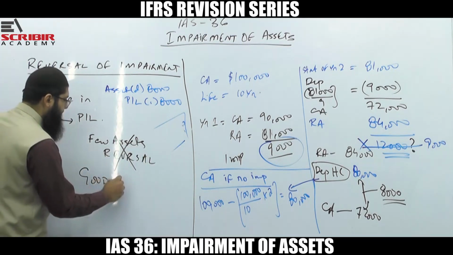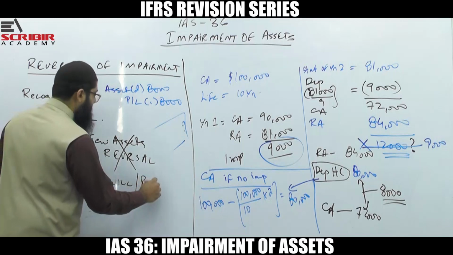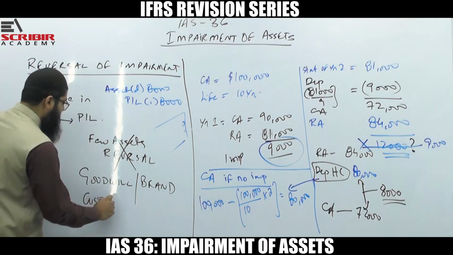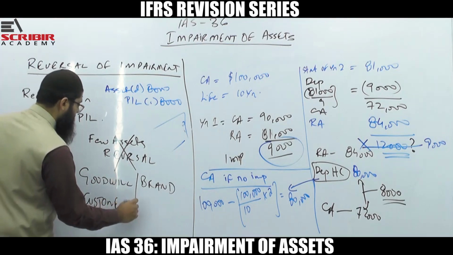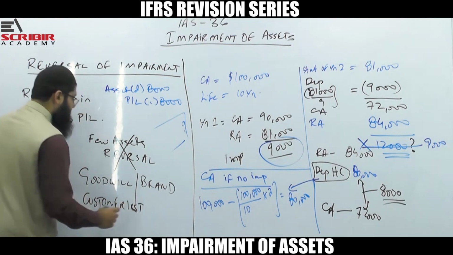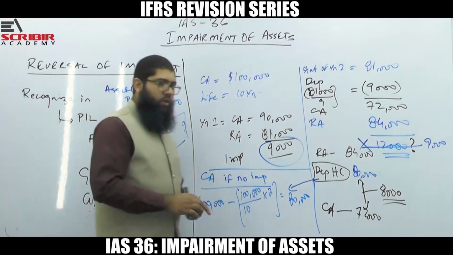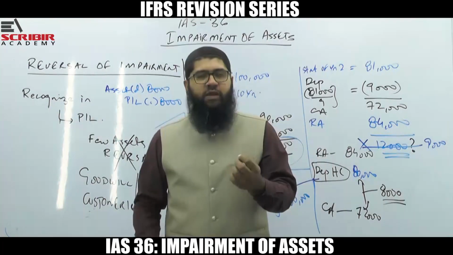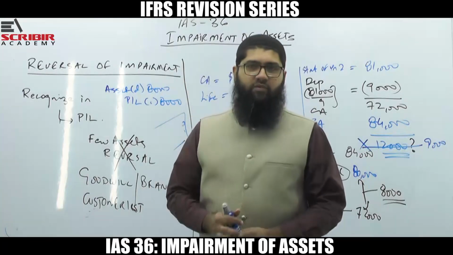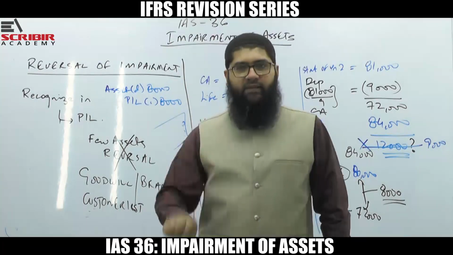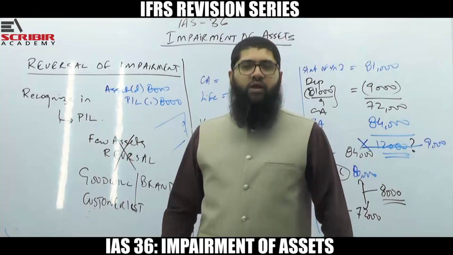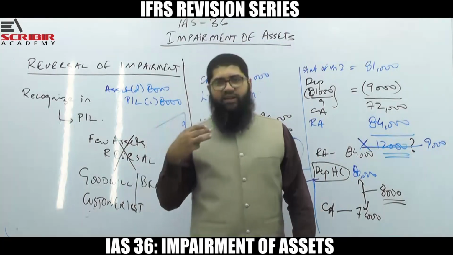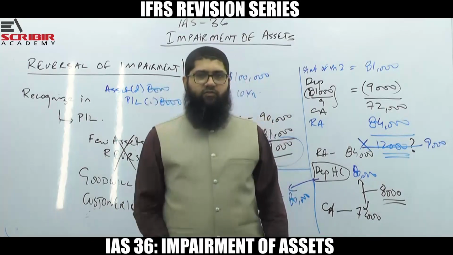That is goodwill, that is brand, that is customer list, etc. Now, you would say why? Because as per IAS 38, there are few assets that are not allowed to be recognized. What are those assets? Internally generated goodwill cannot be recognized. Internally generated brand cannot be recognized. Internally generated customer list cannot be recognized.